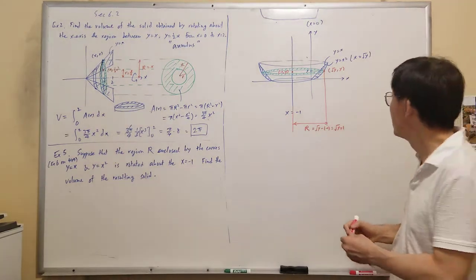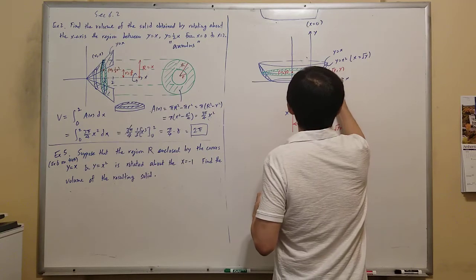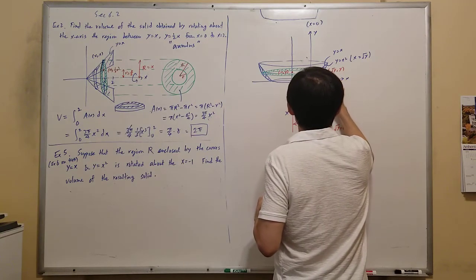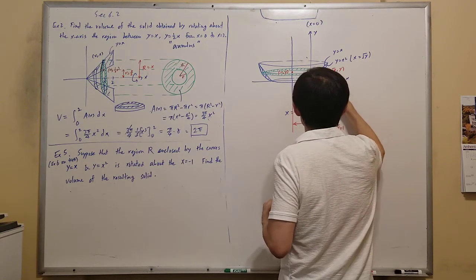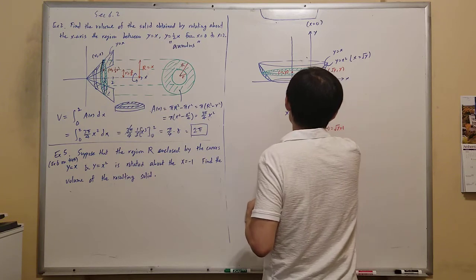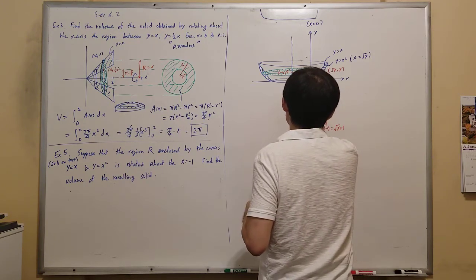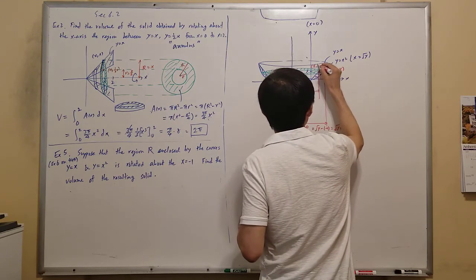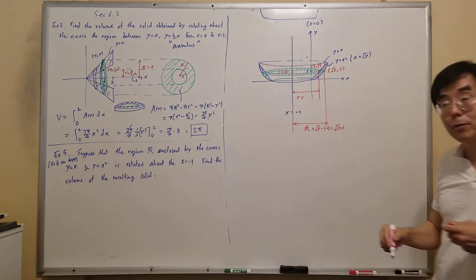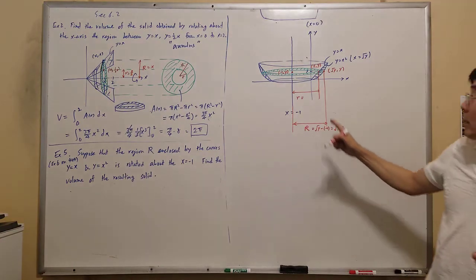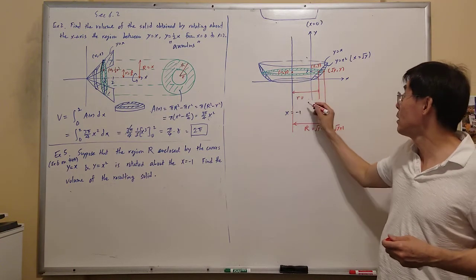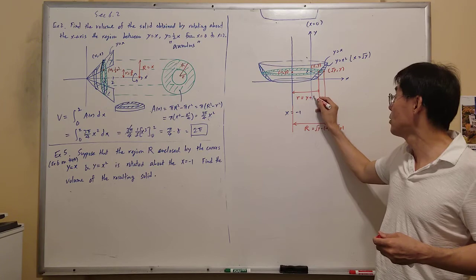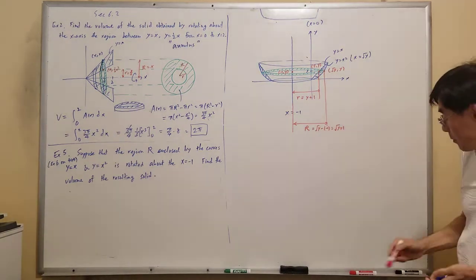And the inner radius comes from here. Again, this is y equals x. The x coordinate is y for given y. The x coordinate difference between here and here is y minus -1, so y plus 1.